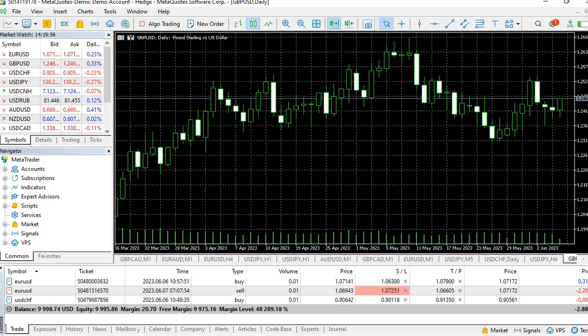So according to this graph, it's likely the thing will hit here. You are getting me now? According to our prediction, yesterday it reached this particular level before coming down.